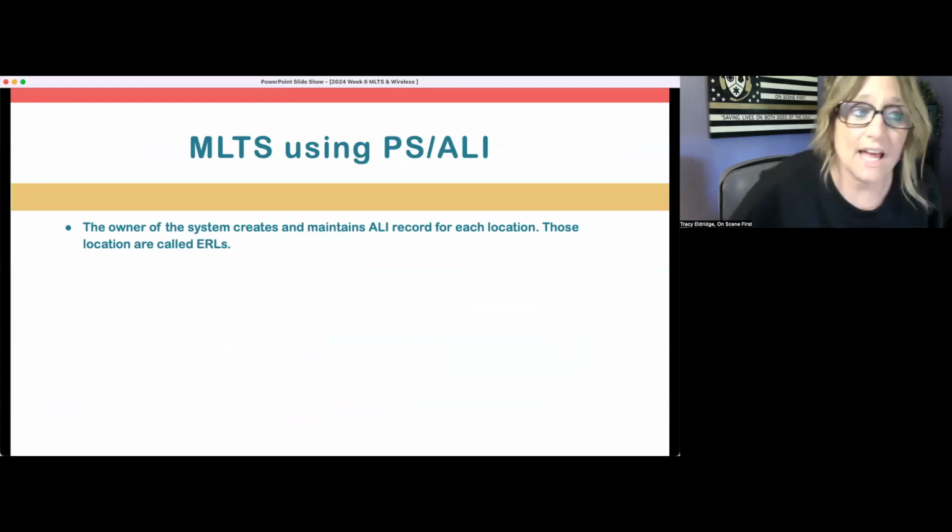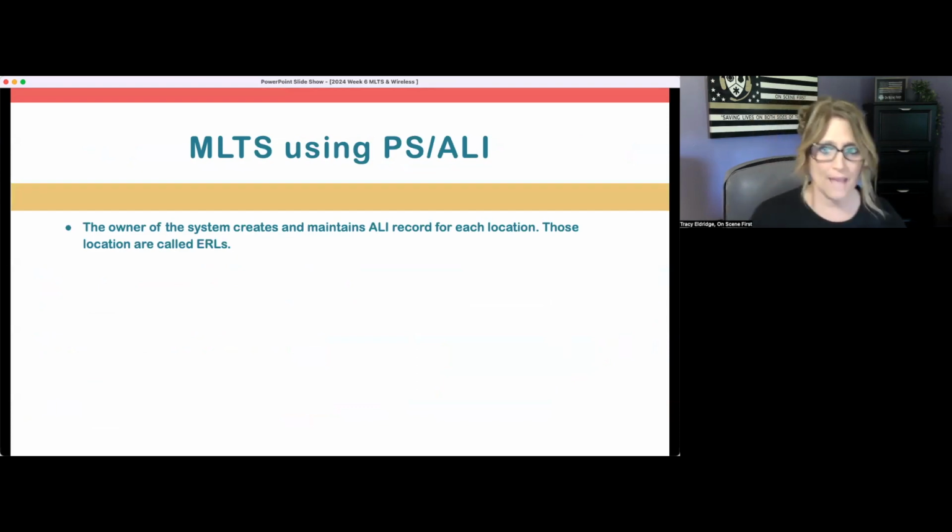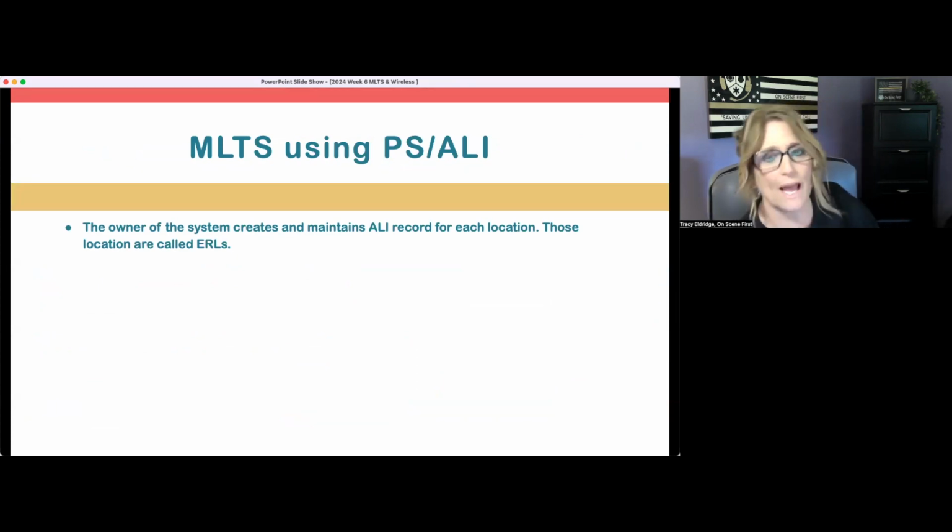So multi-line systems using PS-ALI look a little bit different. The owner of the system, and again, if you already notice, it's a requirement on somebody that owns the system to do a little bit of extra work. So what does that mean? This is why we have problems. We are relying on people to follow through.